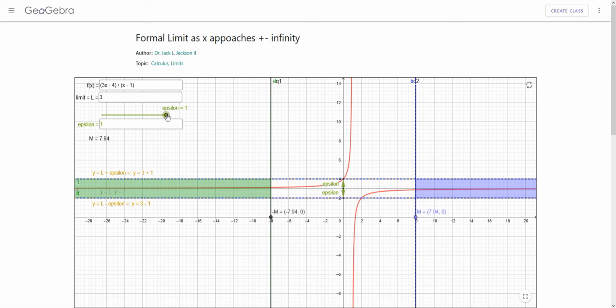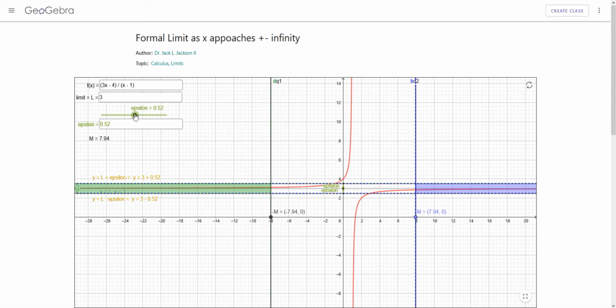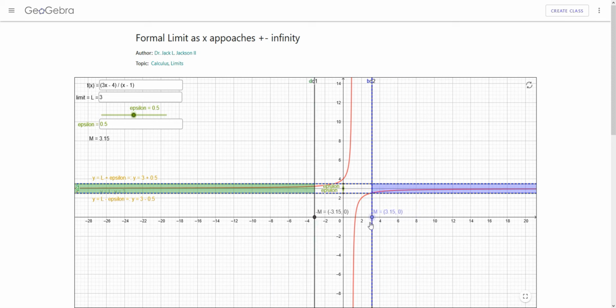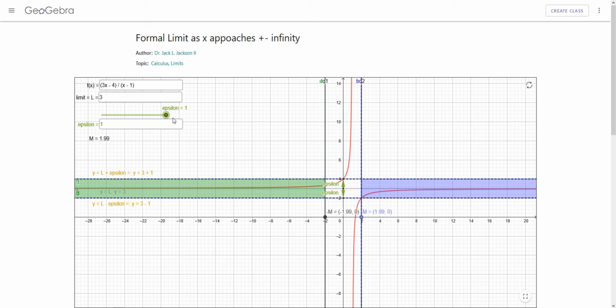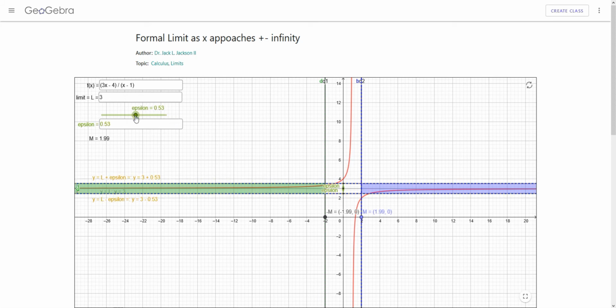Now the point is, if I make epsilon smaller, say maybe I go to a half, then this same M that worked for epsilon equals 1 may no longer work when epsilon is smaller. See, now it's sticking out, so I need to change what I do.